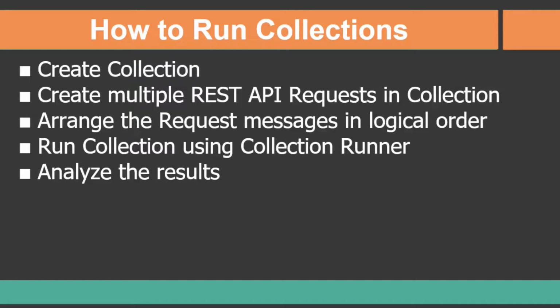I'm going to explain the different options available in the collection runner that can be used to improve our test run, and teach you how we can analyze the test results from the collection runner. So now let's jump onto the system and see how we can perform all these actions.